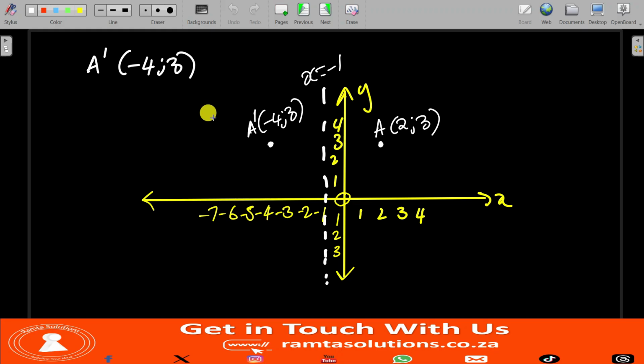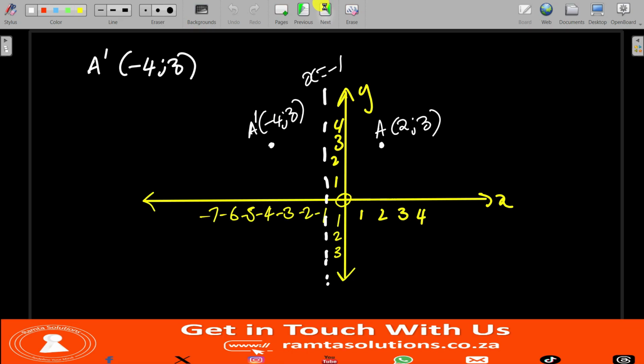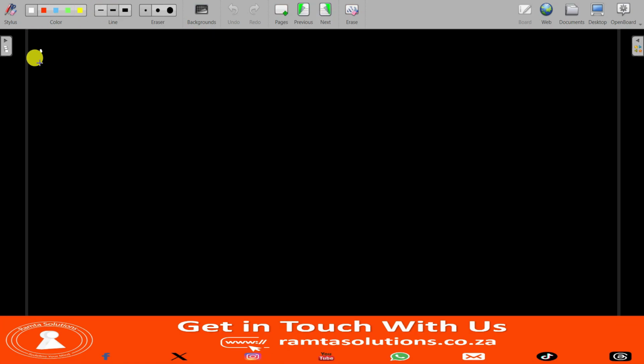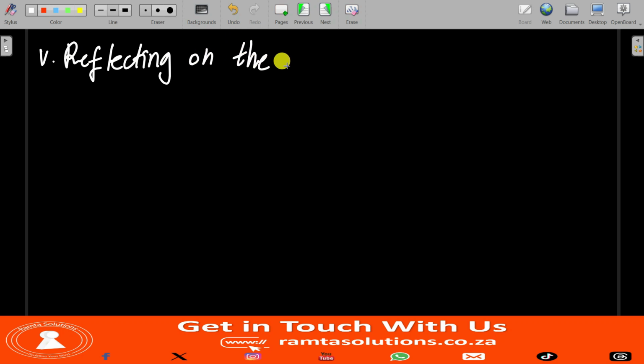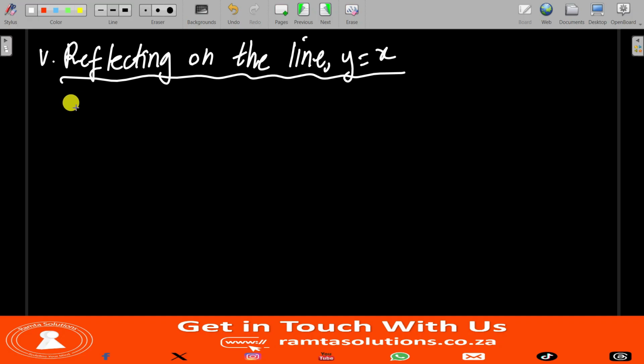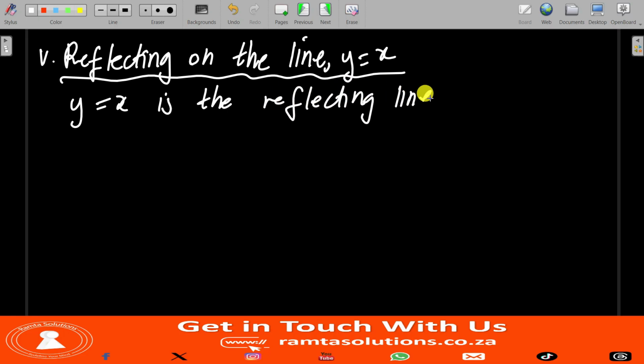Now we're going to move to the fifth line, which is reflecting on the line y equals x. Here, y equals x is the reflecting line.